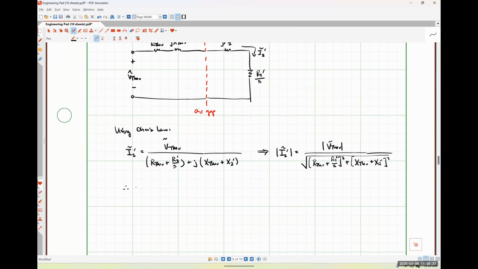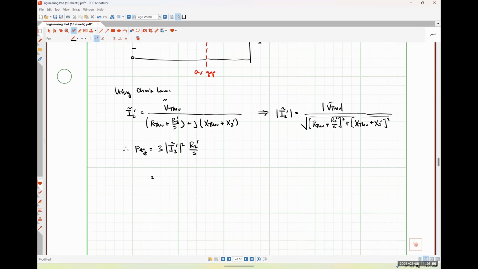And from this, our air gap power, using our equation from before, 3 times the magnitude of I2 prime squared times R2 prime over S becomes 3 times the magnitude of our Thevenin voltage, quantity squared, times R2 prime over S, divided by (R Thev plus R2 prime over S) plus (X Thev plus X2 prime).